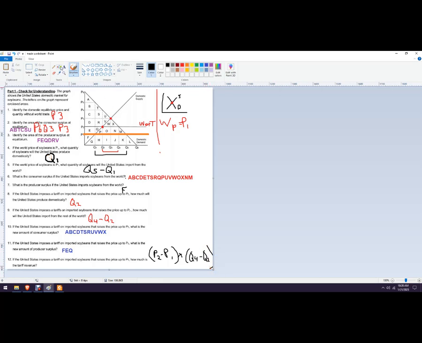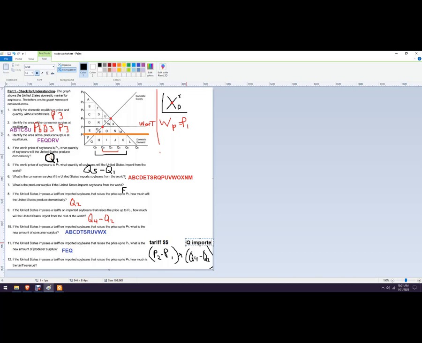This is the tariff amount, and this is the quantity imported. If these were numbers, you just substitute in Q1 through Q5 and P1 through P3 with numbers, and you can calculate the triangles. Pretty straightforward.